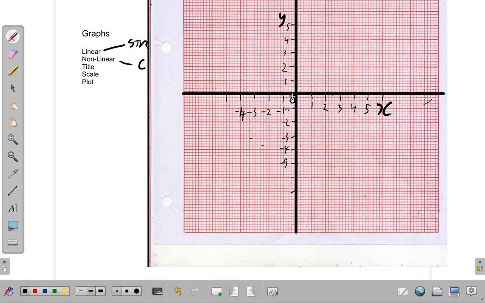So, at the center, not necessarily at the center of the graph paper, but at the origin, where all the measurements originate from, to the right along the x-axis are positive numbers, to the left along the x-axis are negative numbers. Above 0 on the y-axis are positive numbers, below 0 on the y-axis are negative numbers.